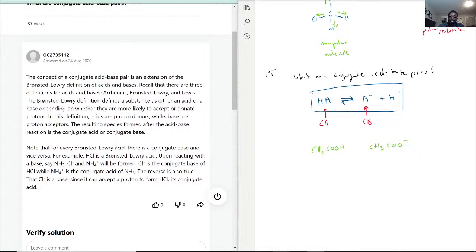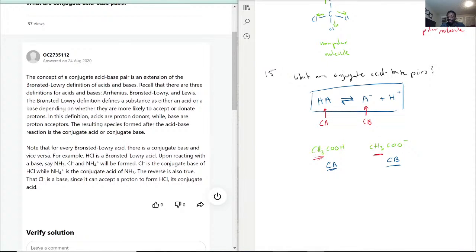And remember we discussed that these hydrogens here don't count, okay? So based on that, the only one that can give away hydrogen is this acetic acid, is what it's called. So with that being said, this is the conjugate acid. And exactly, this CH3COO minus, which is the acetate ion, this is a conjugate base. This would be the basic part of it. This would be the acidic part of it.